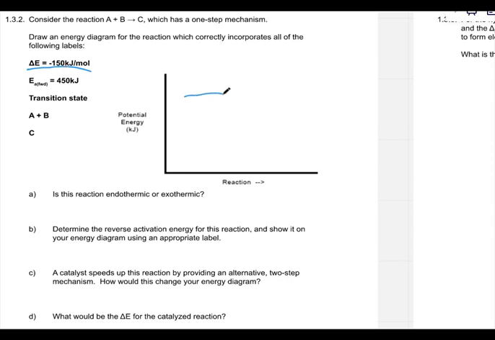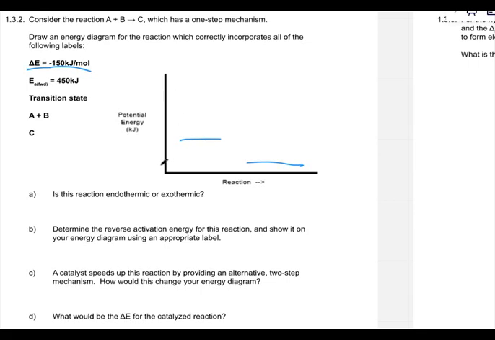So we're starting somewhere. Actually, I want to have space above this. We're starting somewhere, and we need to end up 150 kilojoules lower than that. So this reaction's a drop.